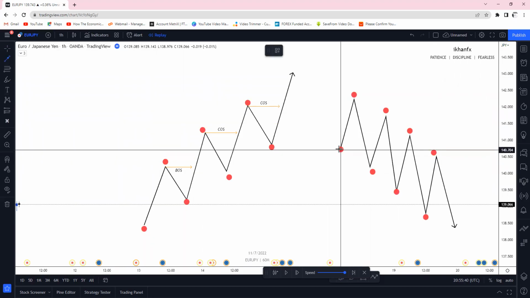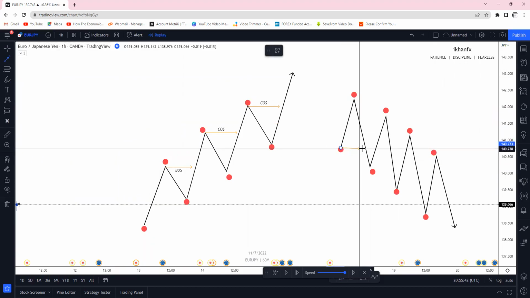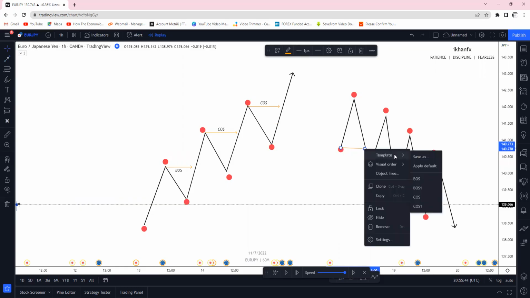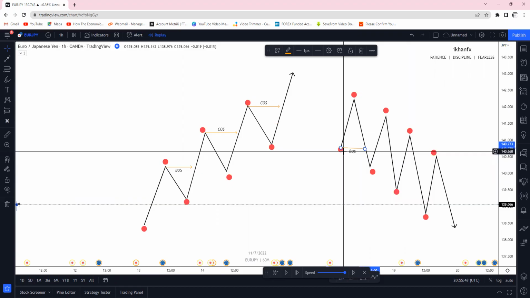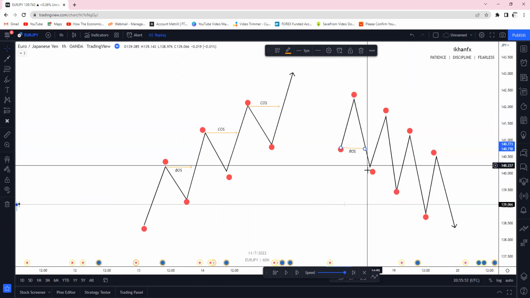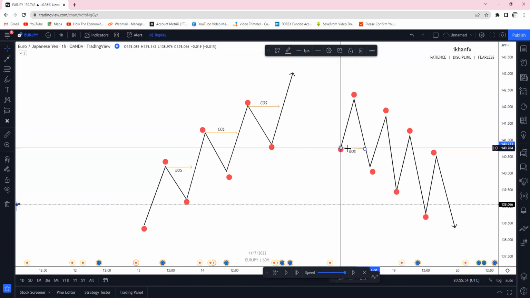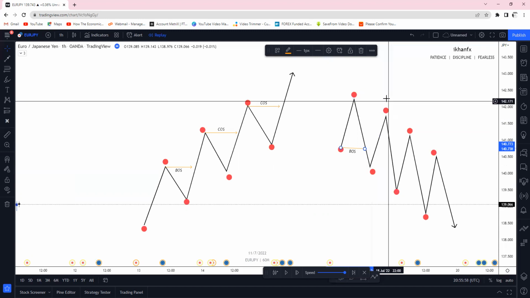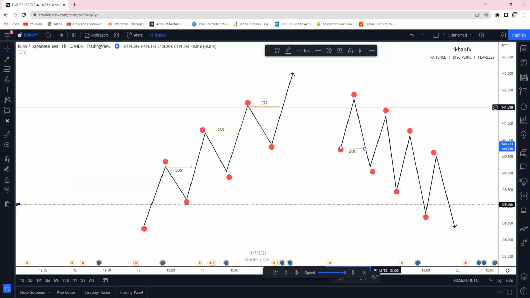Kwa once price imefanya BOS hapa, ime break the previous low. That is BOS, ime break the previous low. Hii ilikuwa ni low, hii high. Kwa once hii expansion move lokuja chini ika break the previous low, ikatengeneza lower low, manake huku tuna anticipate itatengeneza lower high.